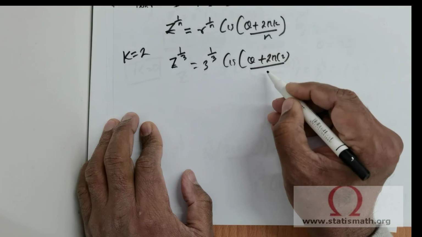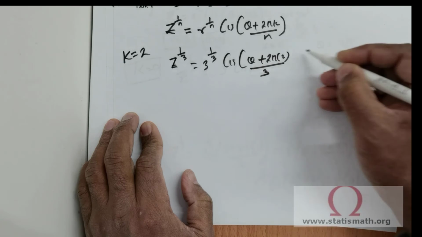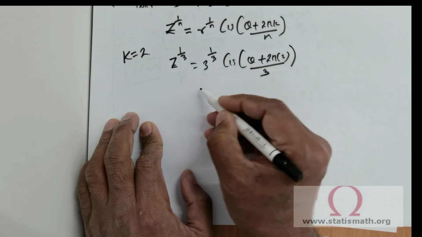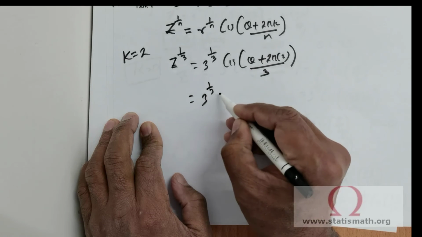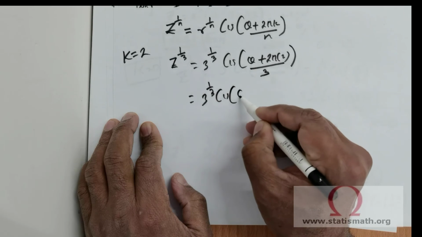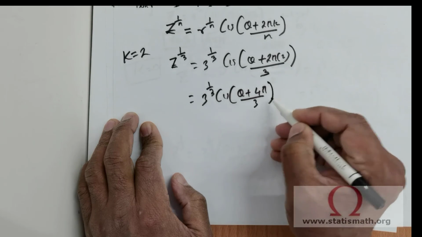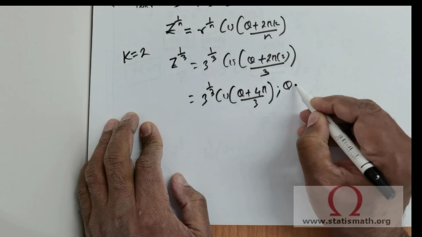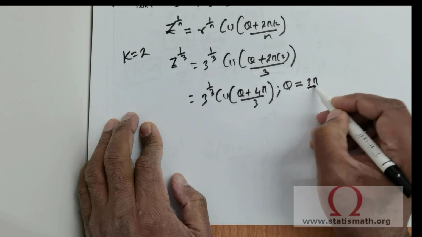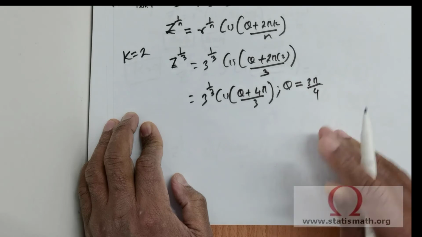For this, k is equal to 2. The value of n is 3. And that is going to give us 3 raised to the power 1 over 3 cis of theta positive 4 pi divided by 3.